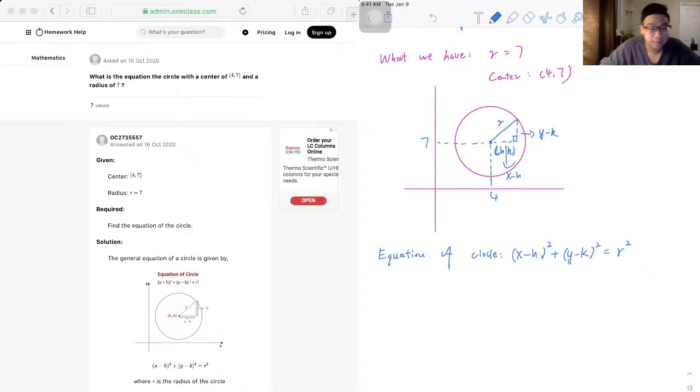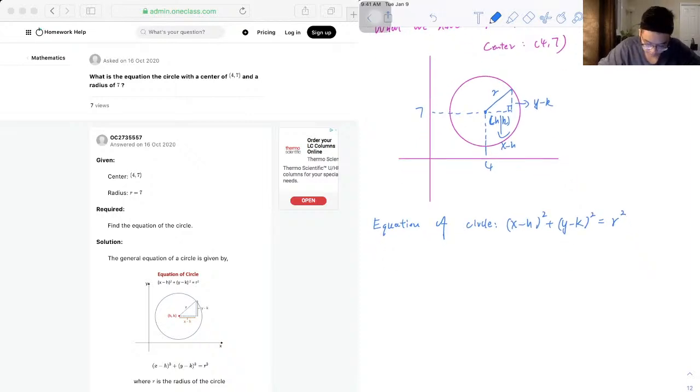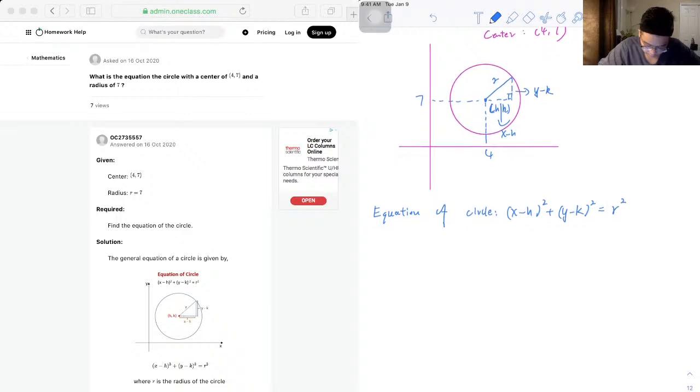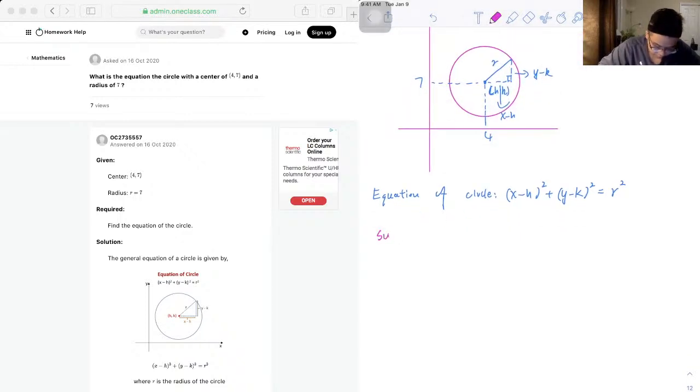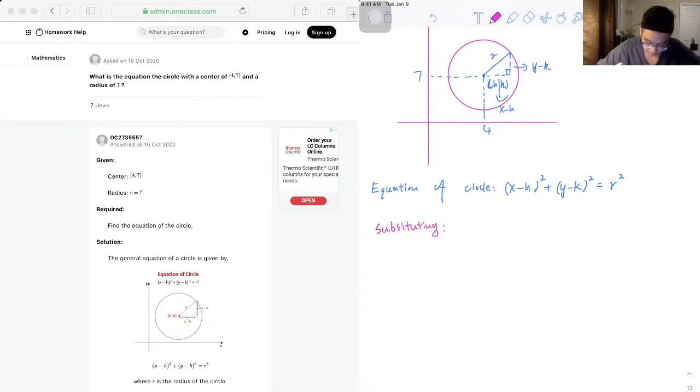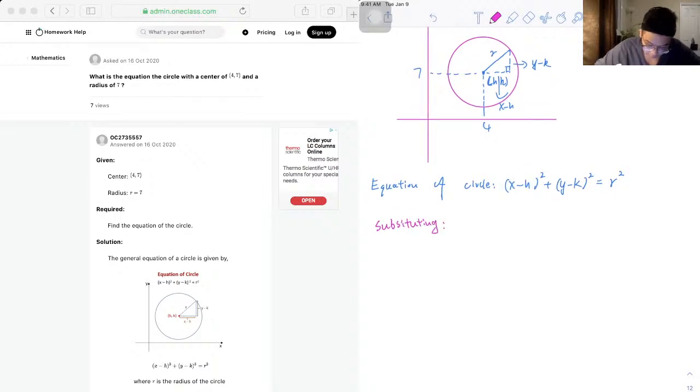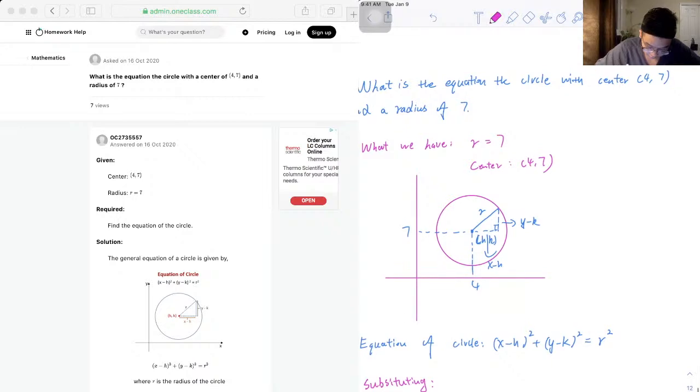Yeah. And so now we just need to substitute our values in. So, substituting. Right.